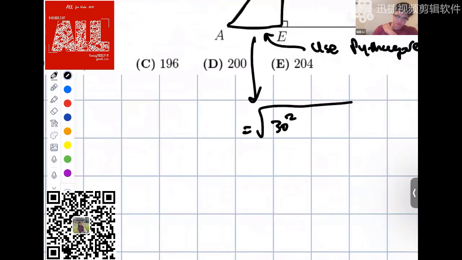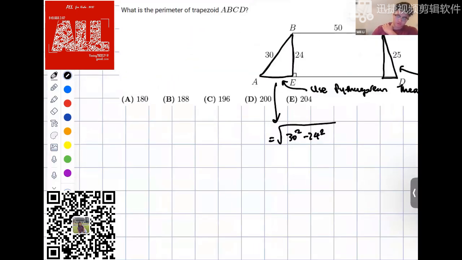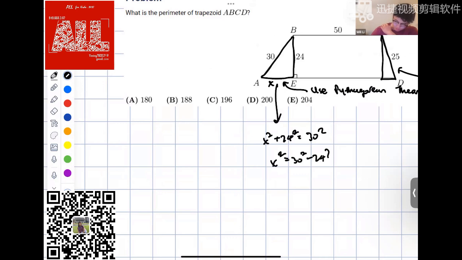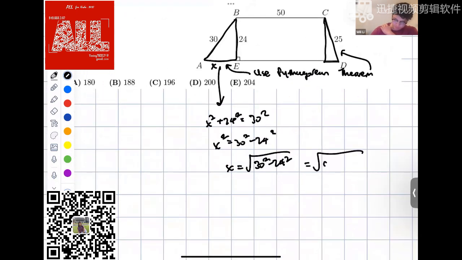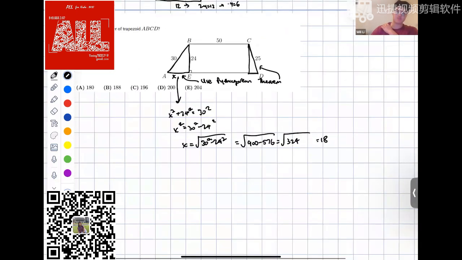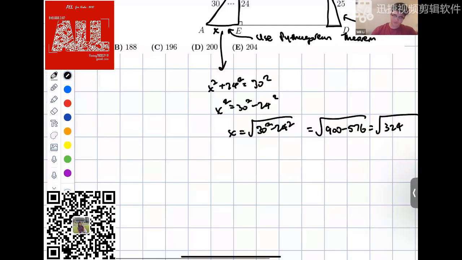This side length equals 30 squared minus 24 squared, right? Say it's x. So x squared equals 30 squared minus 24 squared. X equals the square root of 30 squared minus 24 squared. You can also use the 3, 4, 5 triangle similarity.